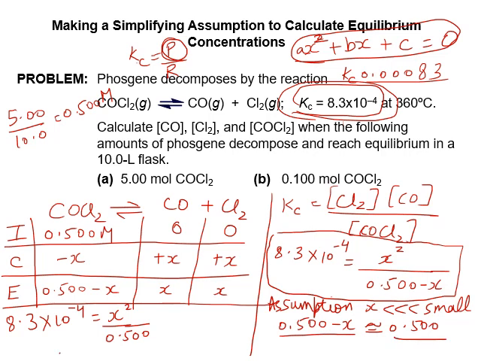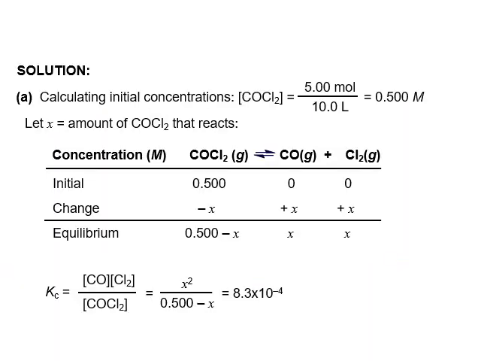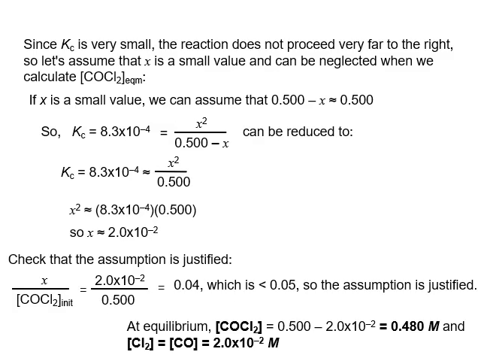Now, what is x squared? If you rearrange it, x squared is 8.3 times 10 raised to power minus 4 multiplied by 0.500. And x is the square root of this whole thing. That's it. Your quadratic equation is solved. If you solve for x, it gives you a value of 2 times 10 raised to power minus 2, which is basically 0.020.